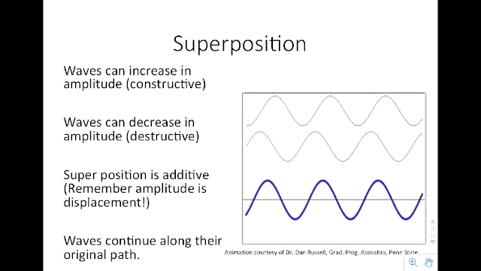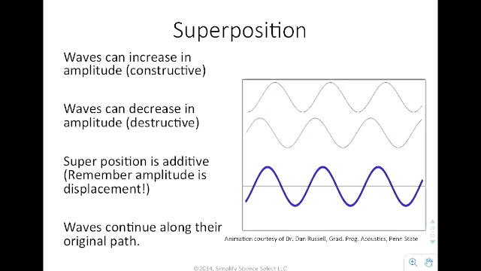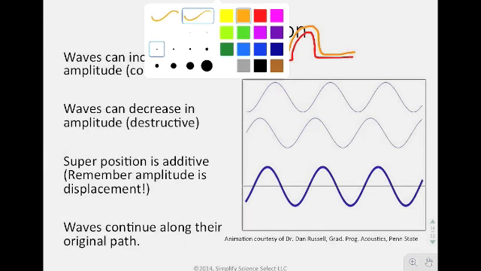Okay? Superposition results in waves that can increase in amplitude. If the waves increase in amplitude, what you have is what is called constructive interference. An example of that is this. If I have a wave here, and then we'll change the color, and we'll do another wave right on top of it, these waves are occupying the same space at the same time.